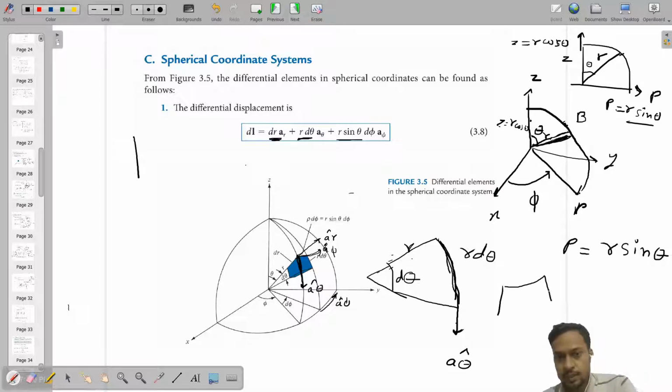Now for d phi. For d phi, consider the front surface of this differential length, which is shown here in blue color. This is d phi. This length is another arc length. We have to find the value of this.